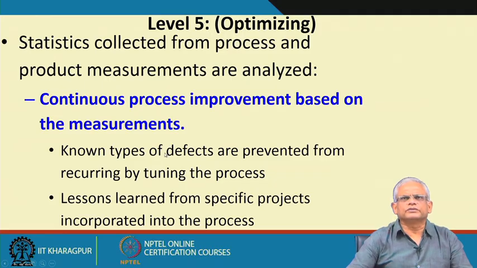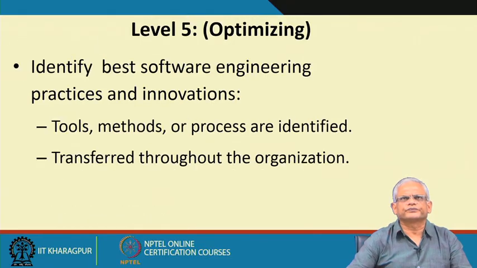If there are some known problems with the process, then the process is fine tuned, and the lessons learned from specific projects are incorporated in the process, so that the good things that some project used and got very positive results can be used organization wide, and therefore, the process itself is changed.